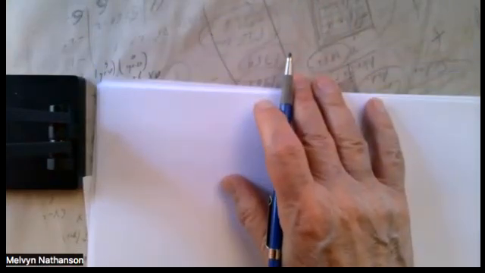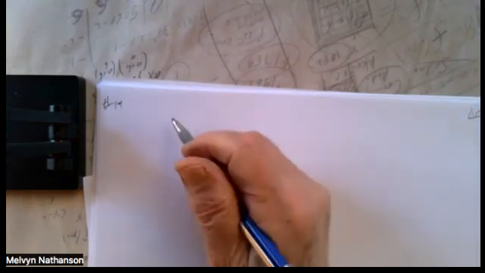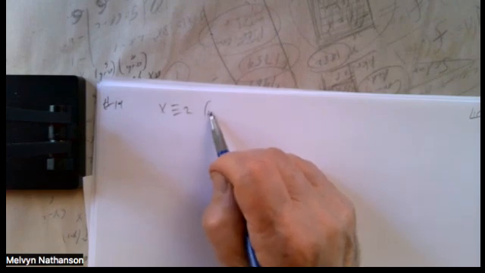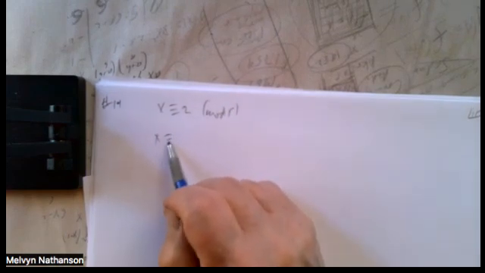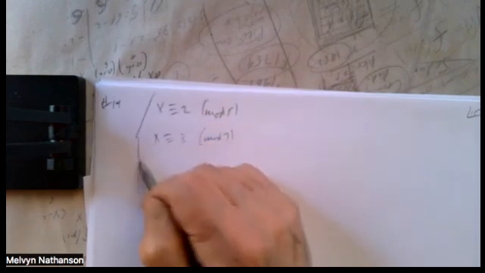Okay. Let's look at number 14. I want to find all numbers such that x is congruent to 2 mod 5, and at the same time, x is congruent to 3 mod 7.